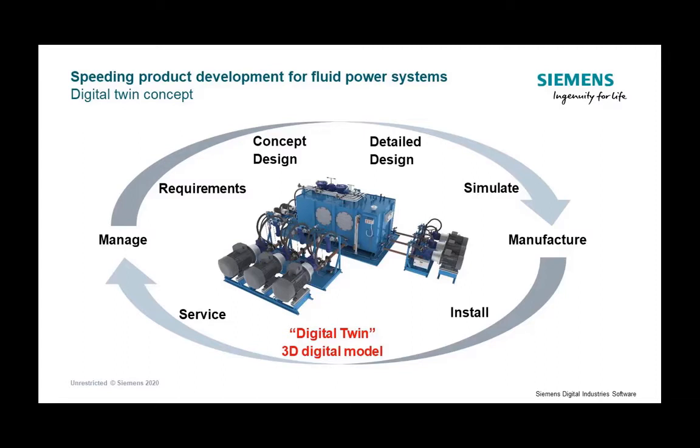This is a detailed 3D digital model of your proposed product that can be used as the basis for all areas of product development, including, for example, managing customer requirements, concept and detailed design, virtual prototyping, simulation, manufacturing, installation, and service.